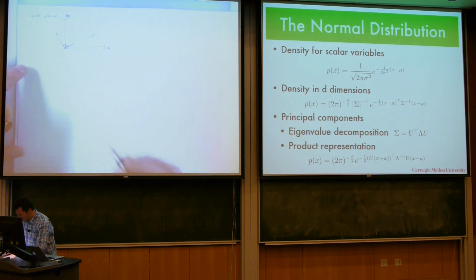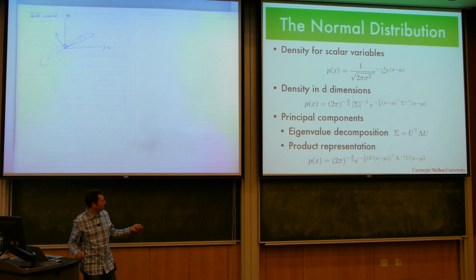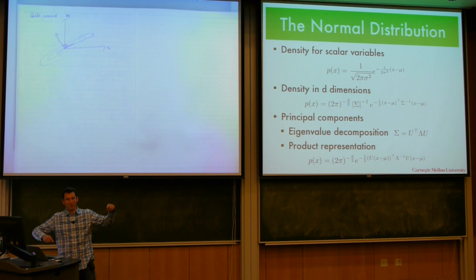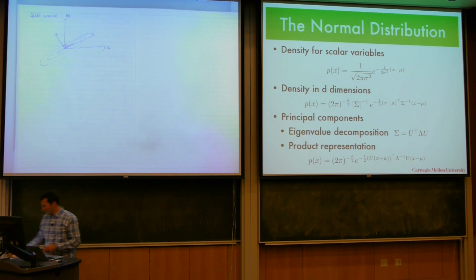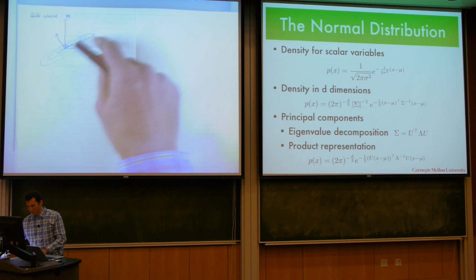And so basically all that happens is, we say, let's just rotate into the eigensystem that's given by U. So I rotate x, I rotate mu. And then within that eigensystem, it's just a one-dimensional Gaussian in each direction. Right? So basically we have a one-dimensional Gaussian here and a one-dimensional Gaussian here.